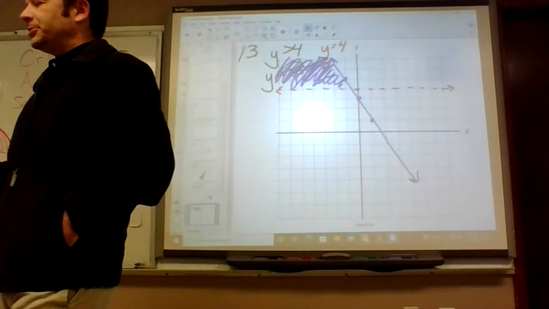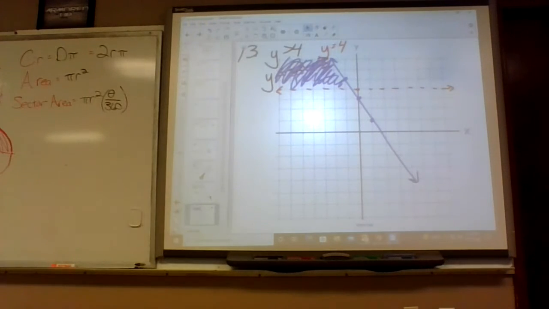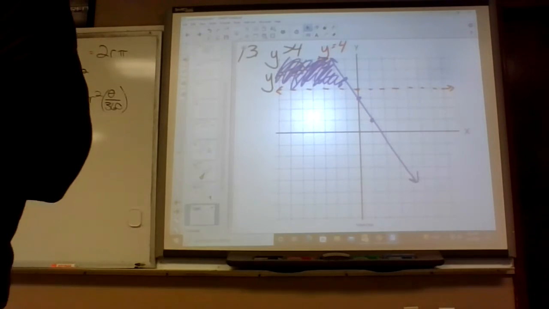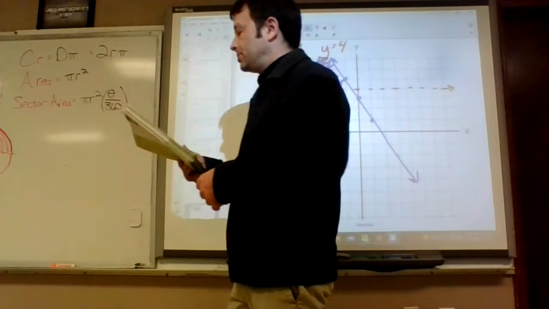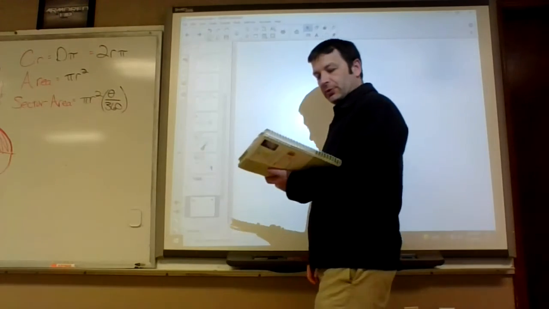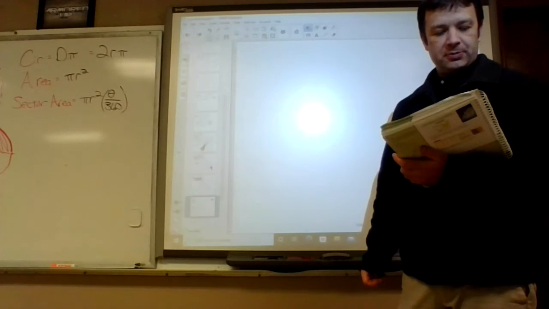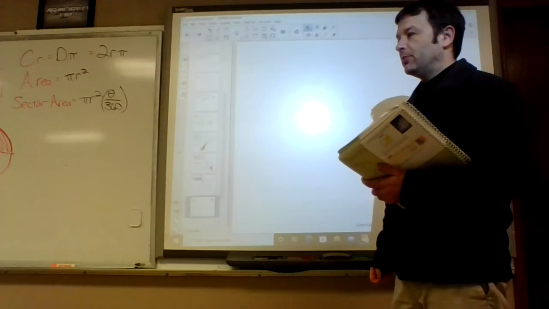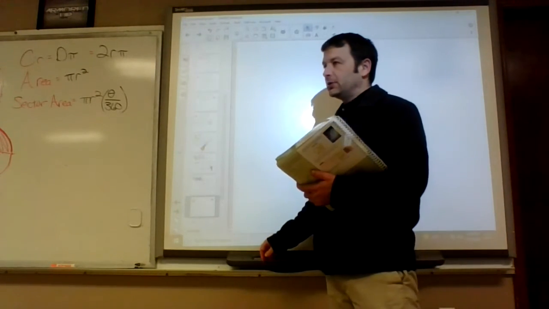They graphed it for us, but we're supposed to say what the inequalities are. So it's kind of the opposite of what we just did. Let's start on 15. Let's start with the blue line because we just did something like that. What would that horizontal blue line be called?